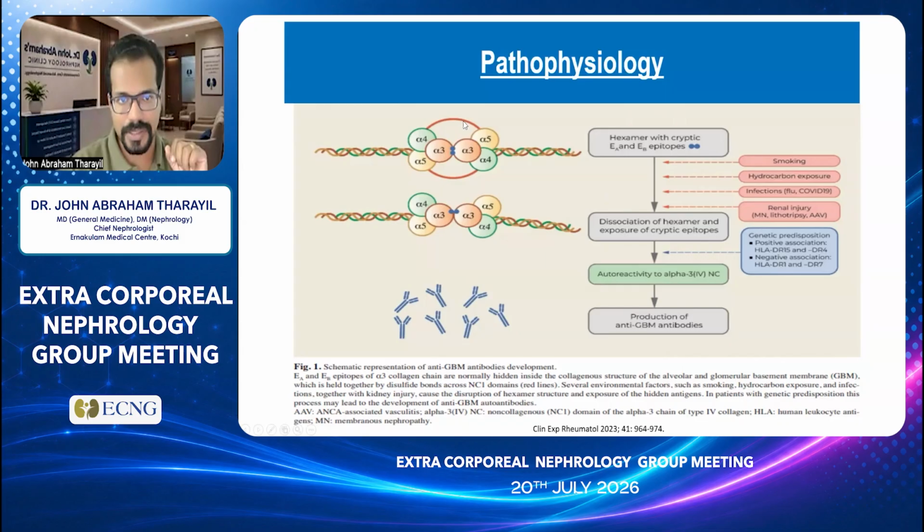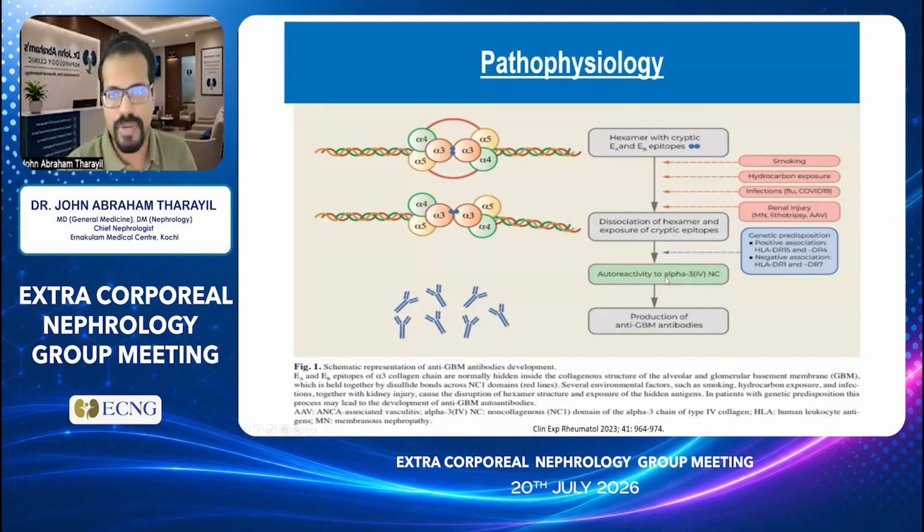This is the disulfide bond. Several factors such as smoking, hydrocarbon exposure, infections, flu, COVID-19, renal involvement with membranous nephropathy, and ANCA-associated vasculitis are all environmental factors which cause disruption of this hexamer and exposure of hidden antigens. In patients with genetic predisposition, this process may lead to development of anti-GBM autoantibodies.